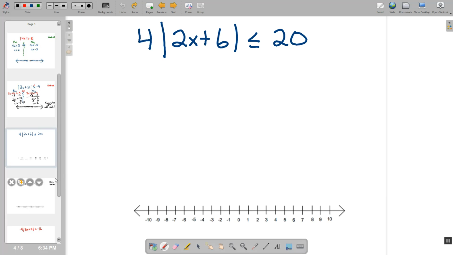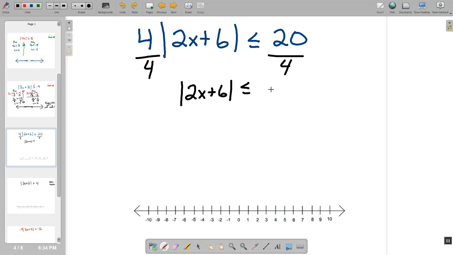So now let's do an equation where we have to get the number away from the right side of our equation right away, which means I have to divide by 4 before I start, and I get 2x plus 6 is less than or equal to 5.